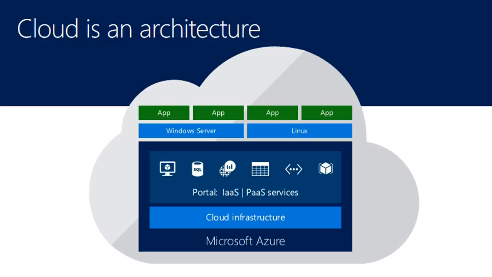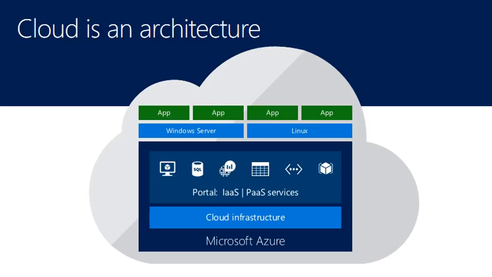And of course, with Microsoft Azure, we have a cloud infrastructure that allows us to deliver IaaS and PaaS type solutions, whether that's running on top of a Windows server or a Linux server. We recently announced that Red Hat Enterprise Linux is now available in Microsoft Azure.